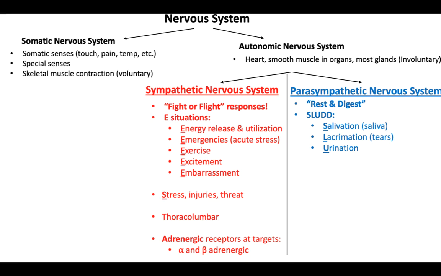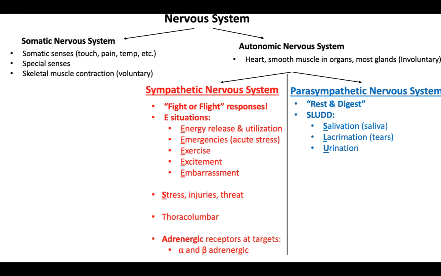Now, sometimes we have what's called paradoxical fear. That's when the fear is so extreme that you get an overwhelming parasympathetic response. A paradox is when it's kind of opposite of what you would think occurs.